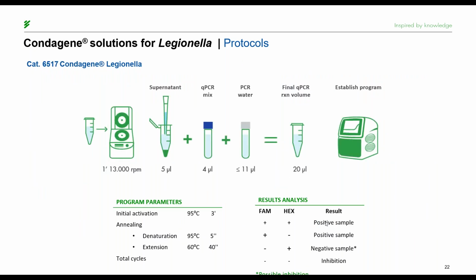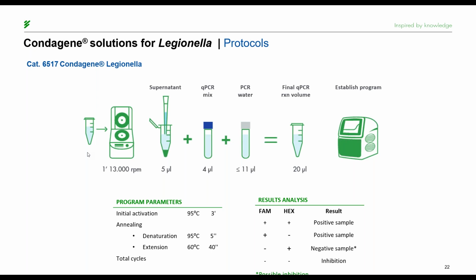Now we go ahead with the PCR reaction using the Condagene Legionella kit. We have here our ready to go sample from the extraction step. We run the centrifuge for 1 minute at 13,000 RPM. This time we are interested in the supernatant.